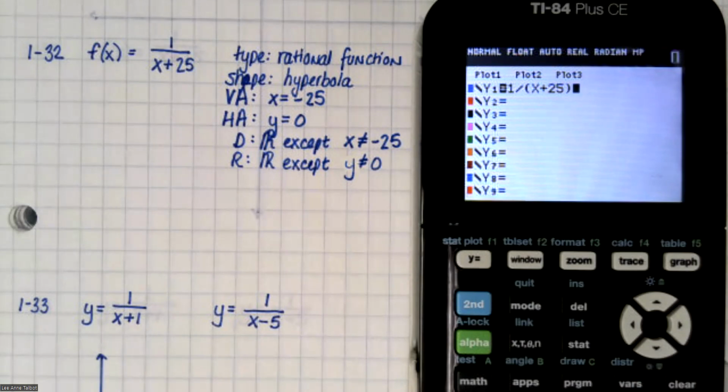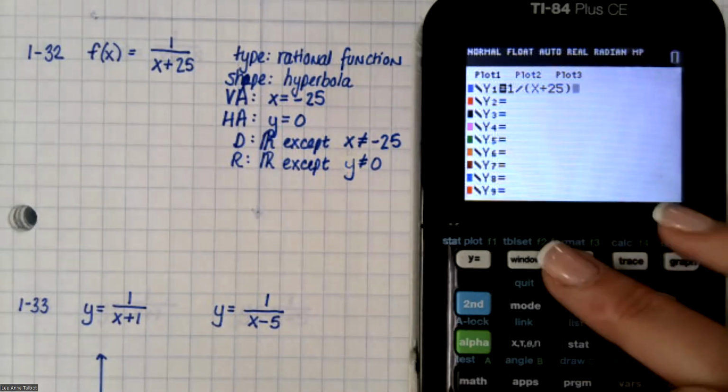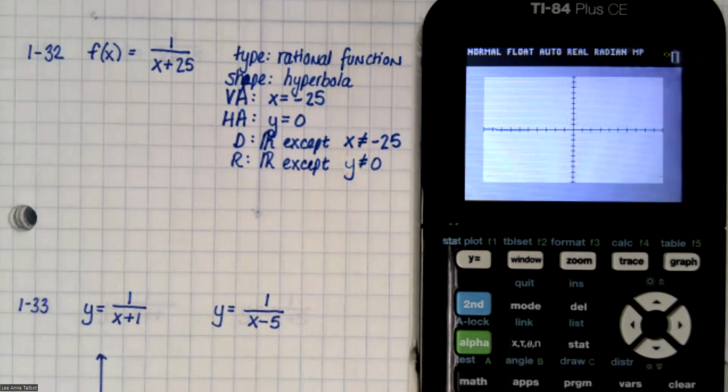Once you get that in, I want you to do something very specific. Hit the zoom button, it's in the top middle, and then the number 6. Zoom 6. And you're going to get a very unsatisfying picture.